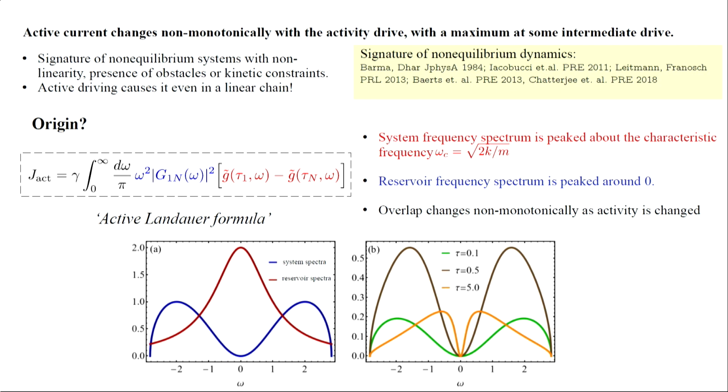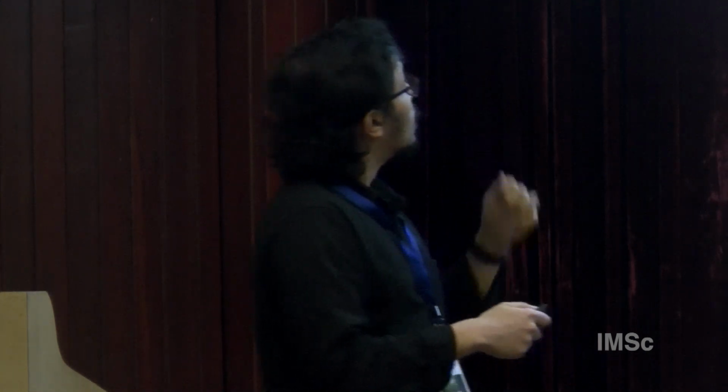Basically, your current is an overlap between this transmission coefficient and the reservoir frequency spectrum, which is nothing but the Fourier transform of the exponentially decaying autocorrelation. So the system spectra is peaked at the characteristic frequencies, which are proportional to the spring constants of the harmonic chain, while the reservoir spectra is a Lorentzian, which is peaked about the origin.